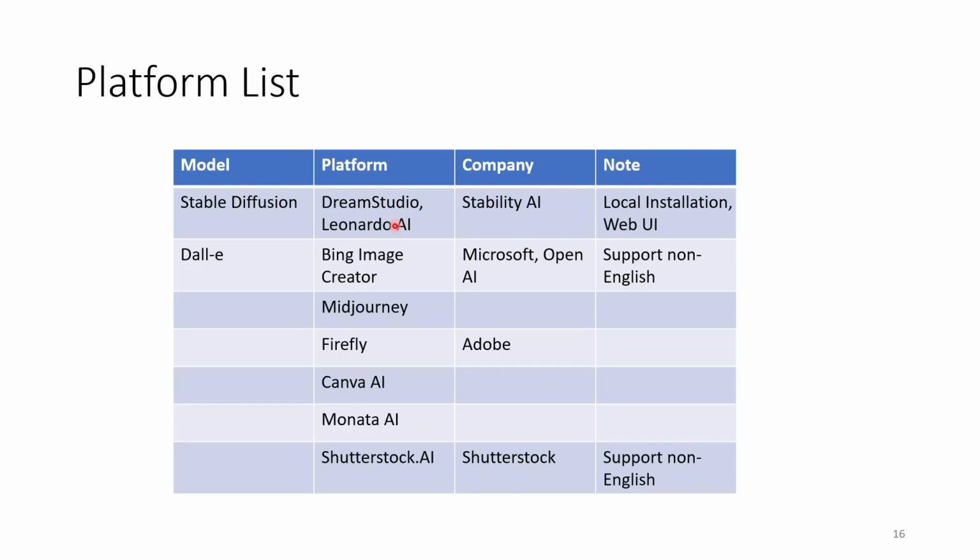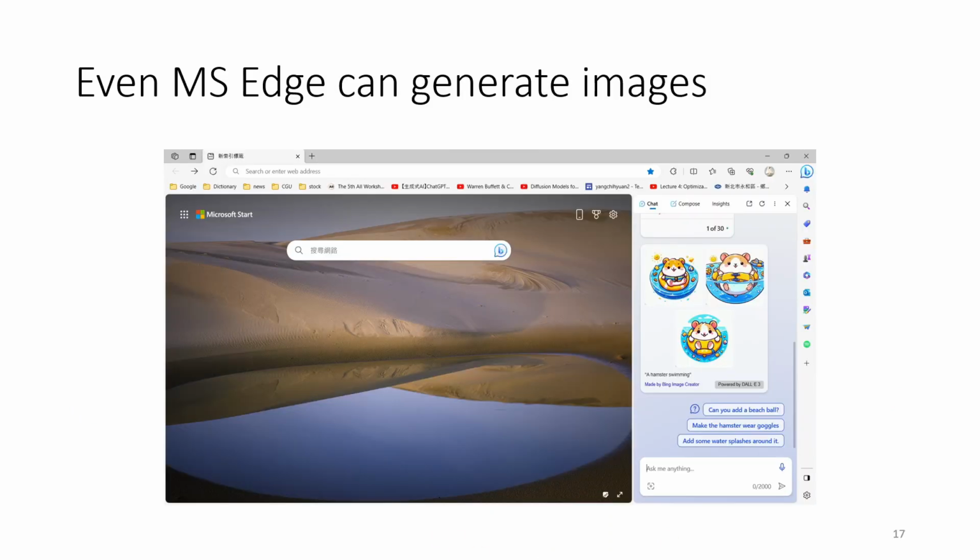Okay, and you can also try Microsoft Edge. It contains Bing, and Bing can generate some images. Also ChatGPT-4, there's no problem.